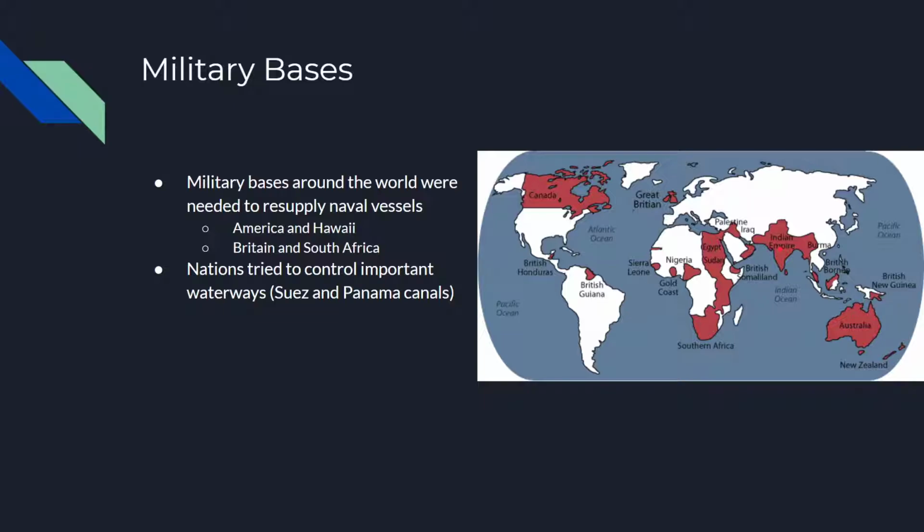Okay? Another reason why they created military bases is they needed to control important waterways. So, for example, Great Britain needs to get to the Indian Empire. However, going all the way around South Africa, while doable, is incredibly expensive and incredibly hard and long to do.